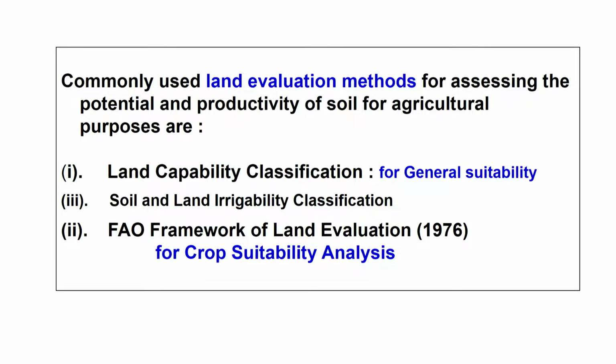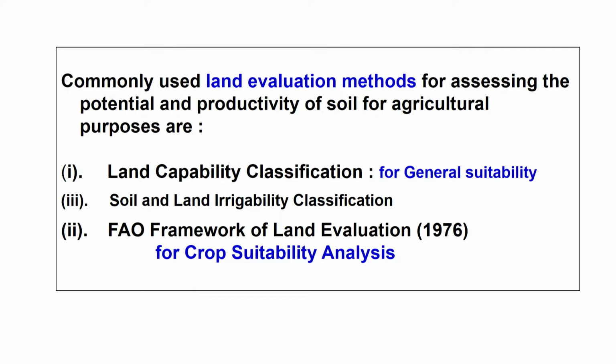One is the land capability classification, which tells you the general suitability of land, meaning whether it is suitable for agriculture or forestry, and if it is suitable for agriculture, then how suitable. Second is the soil and land irrigability classification. It tells whether the land is suitable for irrigation or not, because if the soil is not suitable for irrigation and you do irrigation, then in future there may be problems of degradation.